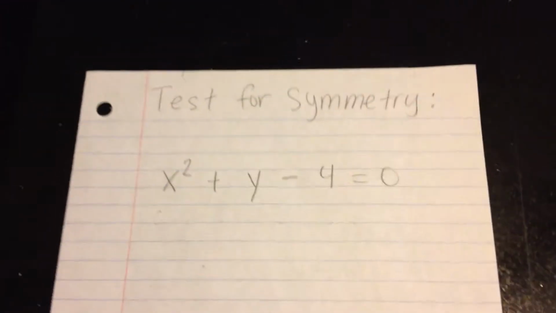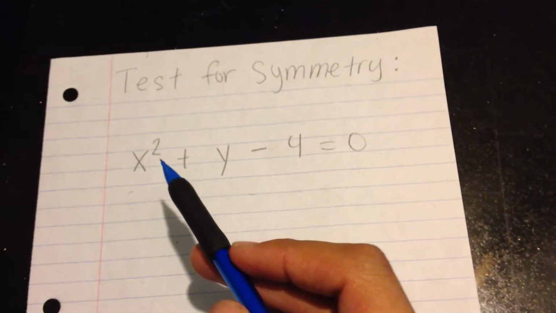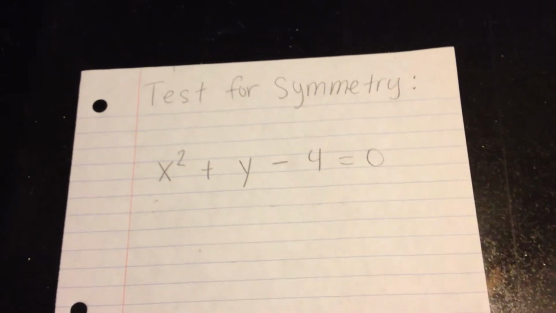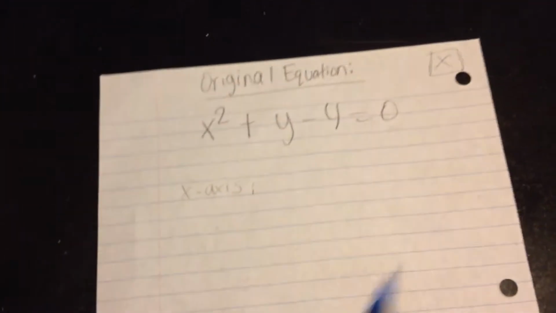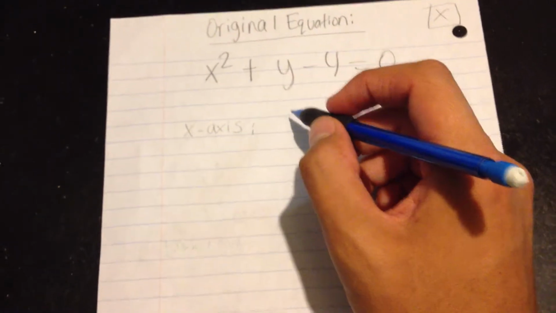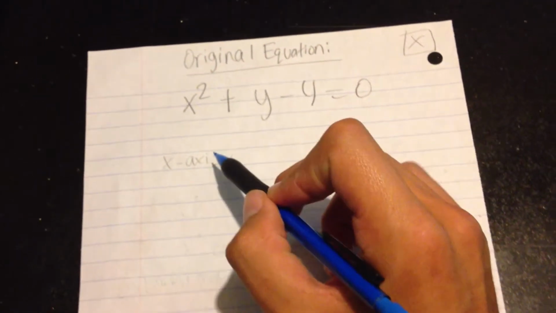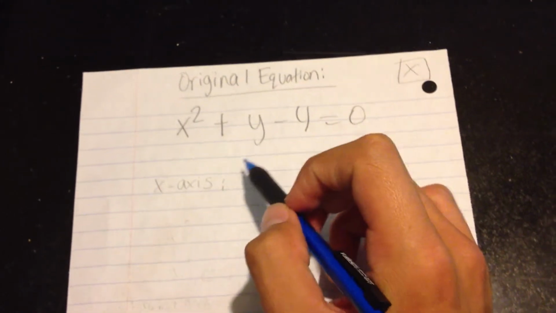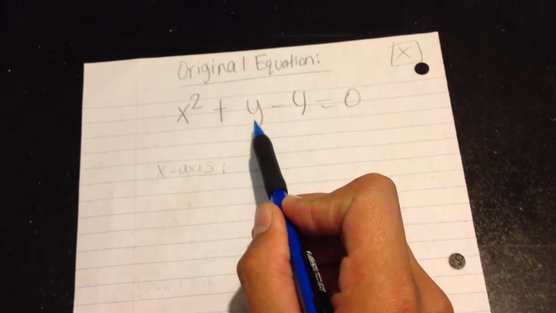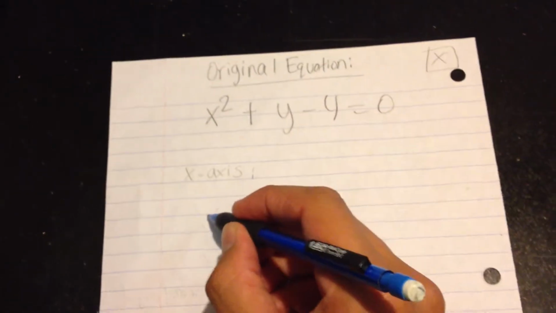So there is our problem that I've been assigned to give to you: x squared plus y minus 4 is equal to 0. First I will test for x-axis symmetry, for no particular reason, just the one I chose. Remember, to test for x-axis symmetry, you replace the y with a negative y in the equation.